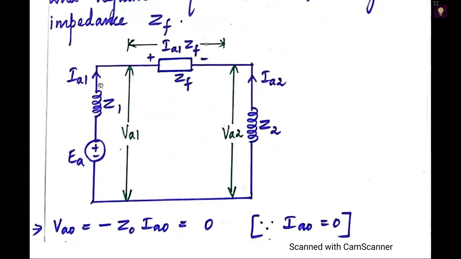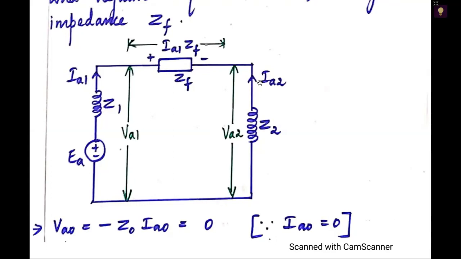Now let us find IA1. From this network, EA is equal to the sum of the drops. The generated EMF is equal to the sum of the drops: EA is equal to IA1 Z1 plus IA1 ZF minus IA2 Z2, because the current direction of IA2 is opposite to that of IA1.